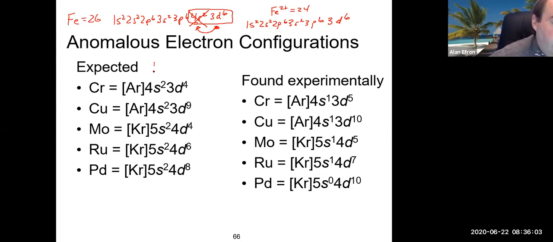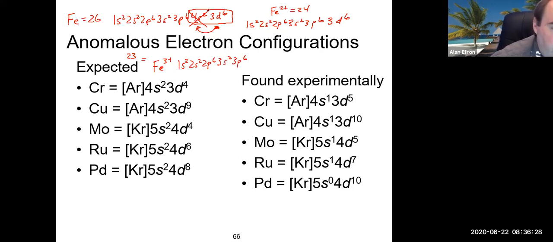Now, if we went to iron 3+, iron 3+ again would have 3 fewer electrons, which would take us to 23 electrons. Same deal is going to happen here. We're going to go 1s2, 2s2, 2p6, 3s2, 3p6.